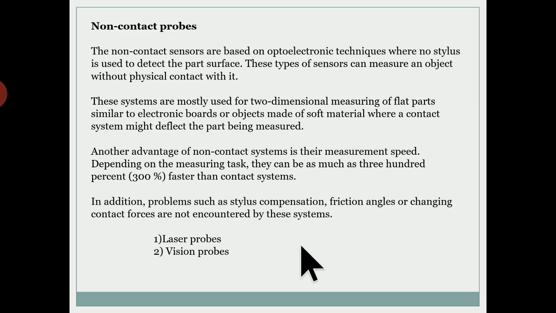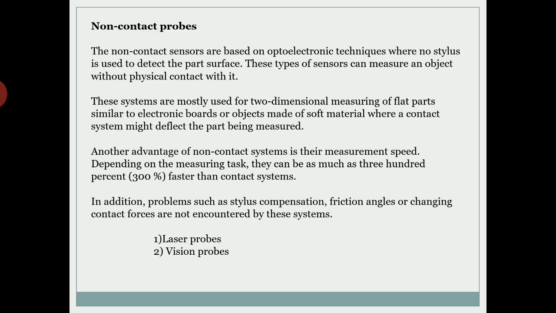Then non-contact type probes. The non-contact sensors are based on optoelectric techniques where no stylus is used to detect the part surface. This type of sensor can measure an object without physical contact with it. These systems are mostly used for two-dimensional measuring of flat parts similar to electronic boards or objects made of soft material, where a contact system might deflect the part being measured.